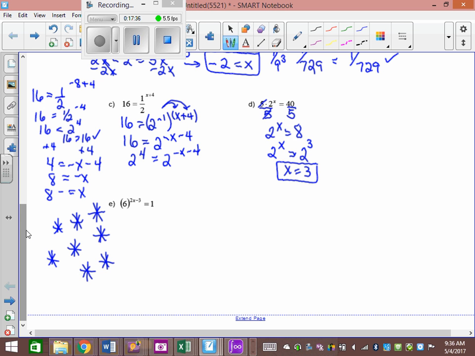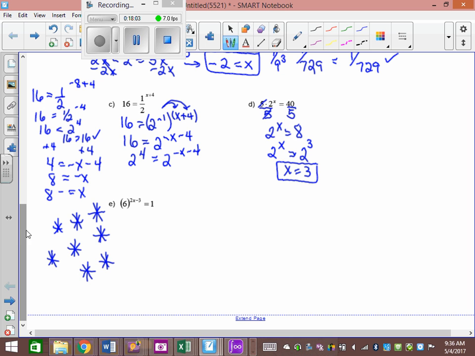Because no one spots this as common base. If you have something equal to 1, you can always make common base. Oh, yeah. Because what's anything to the exponent 0? 1. So you just go to whatever the other side of the equation is, take that base and raise it to the exponent 0. Done.